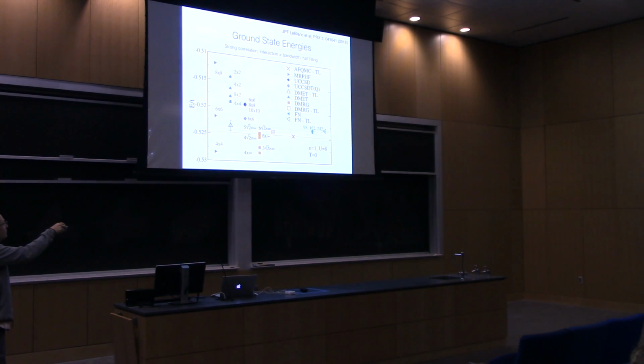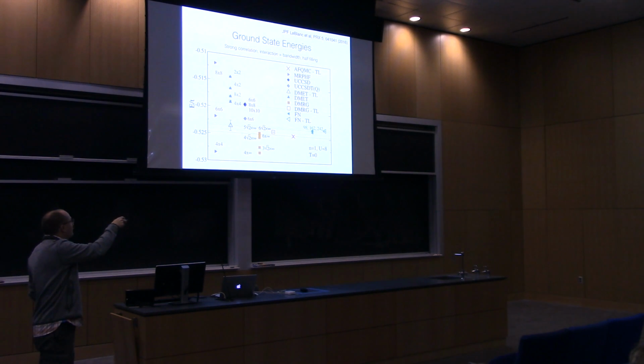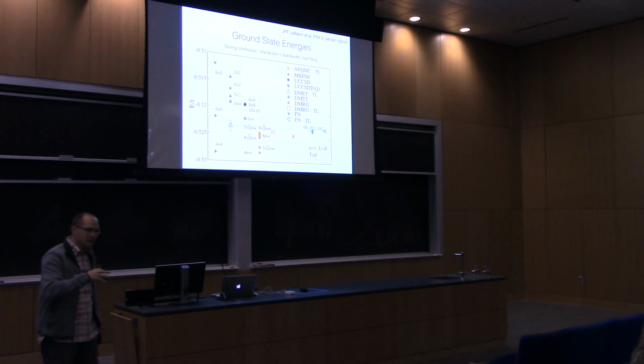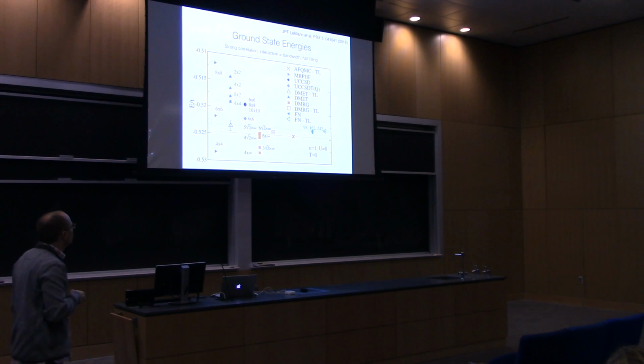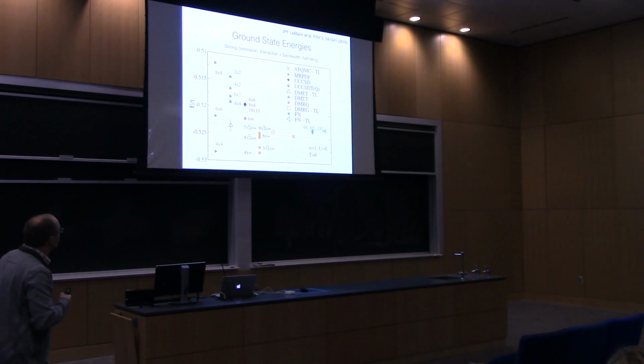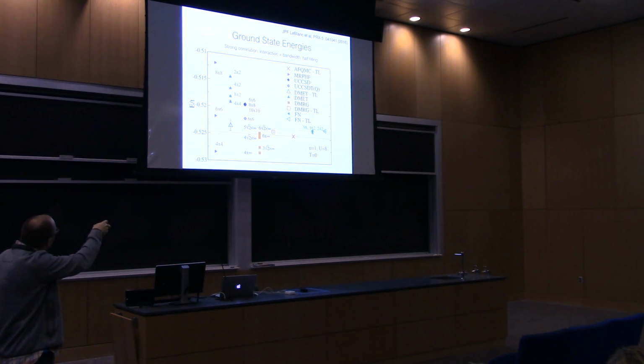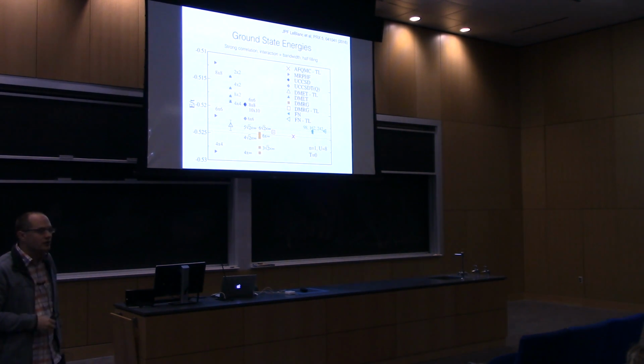Here, coming from small systems and gradually extrapolating to larger and larger systems, we get a result here, which is more or less consistent with the auxiliary field quantum Monte Carlo. Variational Monte Carlo methods also give a result. That result is slightly higher in energy than what one would get from DMRG and AFQMC because of a fixed node error. We have systems which struggle with metallic behavior. The coupled cluster methods are very good.